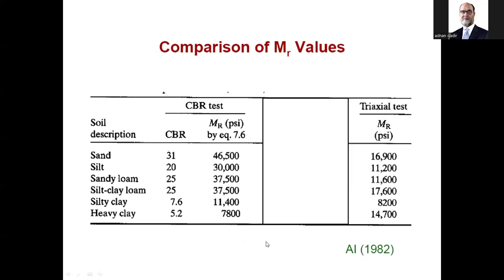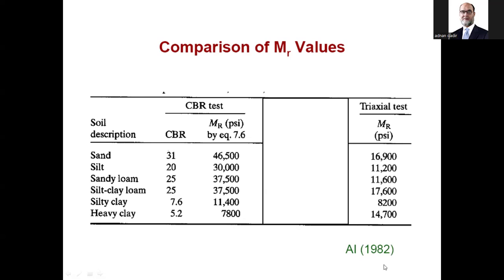Other than that, people have also developed some other relations. For example, they say sand having a CBR value of 31 has a resilient modulus of 46,500. That was developed in 1982 by the Asphalt Institute, another research institute.